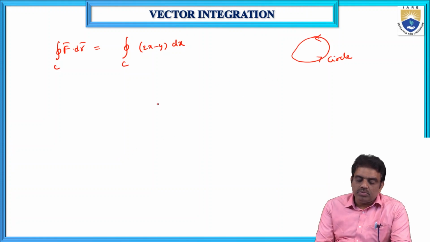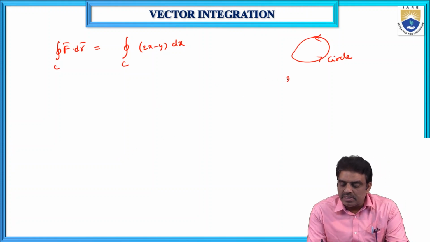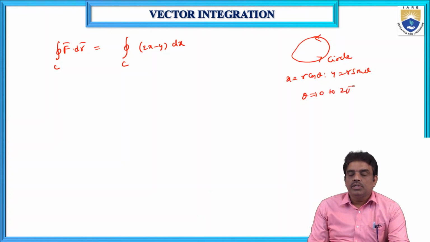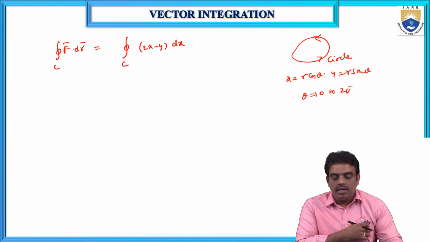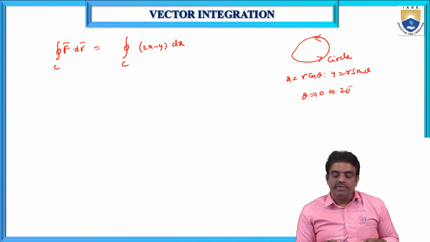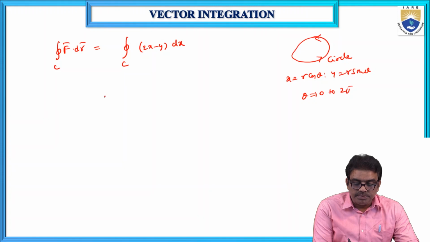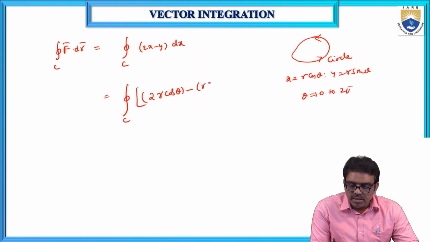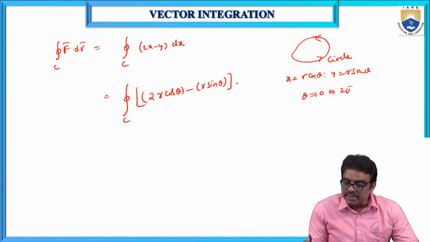If you want to write the equations, x is equal to r cos theta and y is equal to r sin theta, and theta varies from 0 to 2 pi. In this way you can find the integral over the closed curve C.